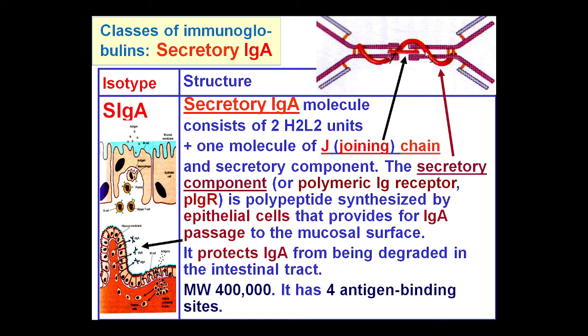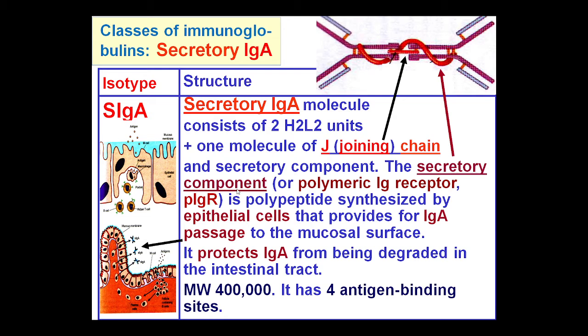2 molecules of immunoglobulin A are combined in the complex via the J or joining chain, which is shown in this drawing as a small straight line that binds one Fc fragment to the other of immunoglobulin A. But in addition to the joining chain, this immunoglobulin has a so-called secretory component. Also, this component may be named polymeric Ig receptor, PIGR.